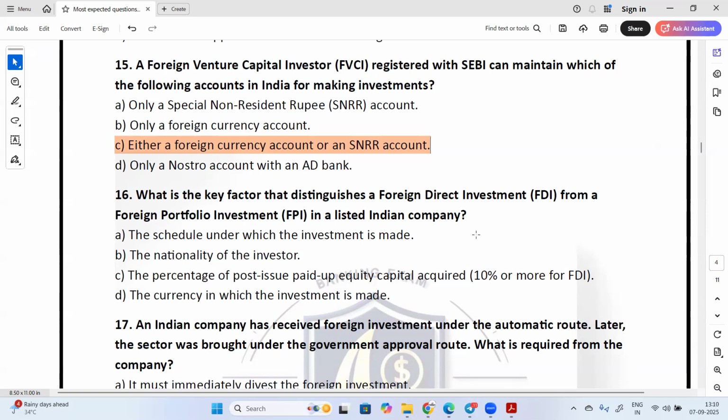So let's see what the correct answer is. The correct answer is C, the percentage of post-issue paid-up equity capital acquired. That is the factor that distinguishes FDI from FPI.